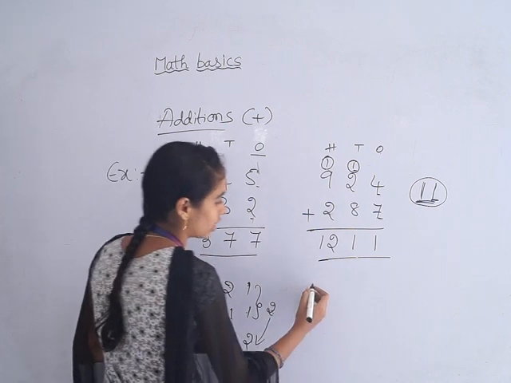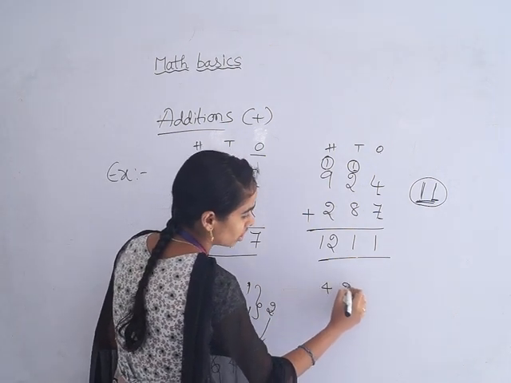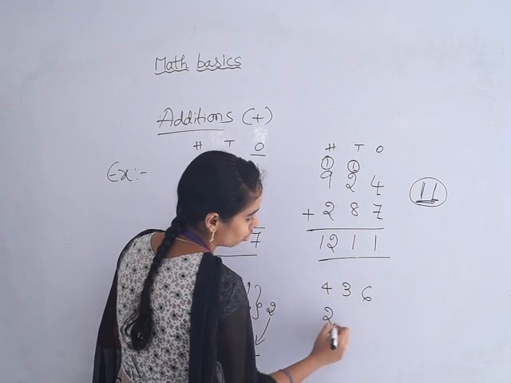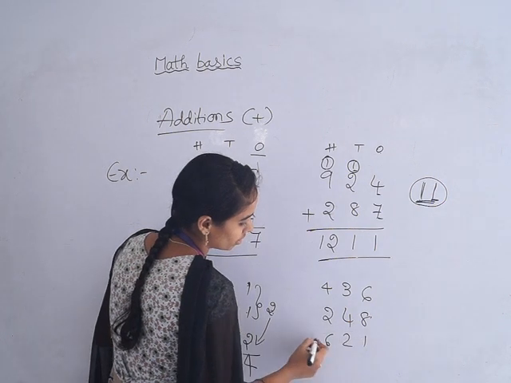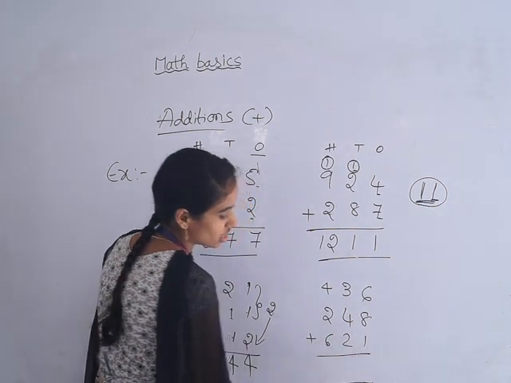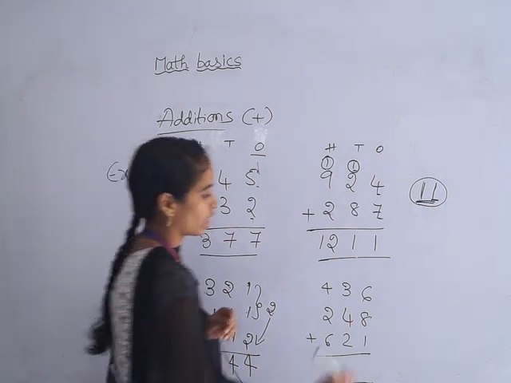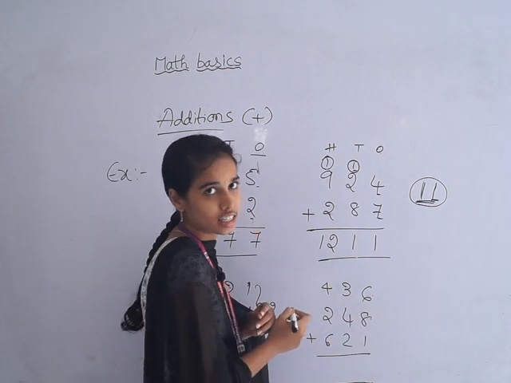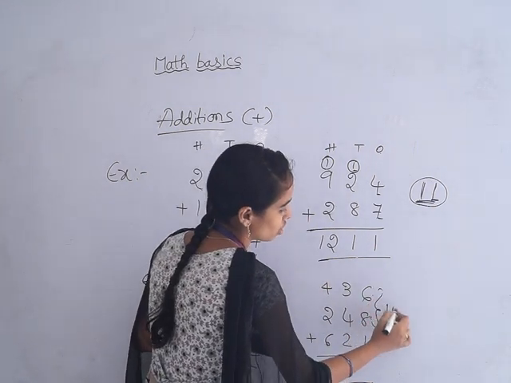Now I am telling carrying addition. That is 436, 248 and 621. This is also the same process, but here we are getting a carry: 6 plus 8 is 14.